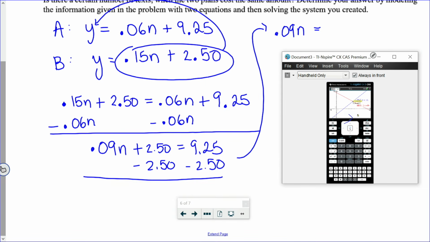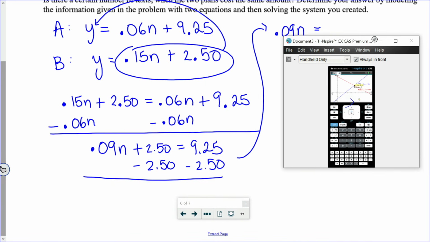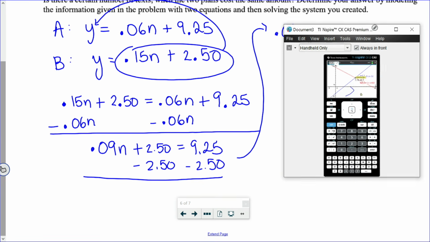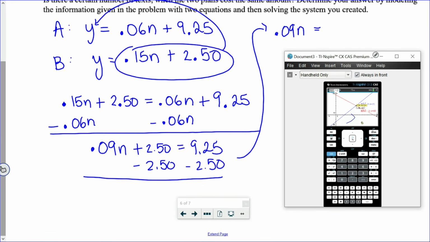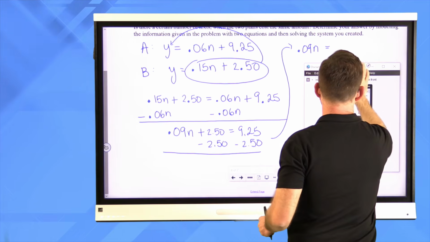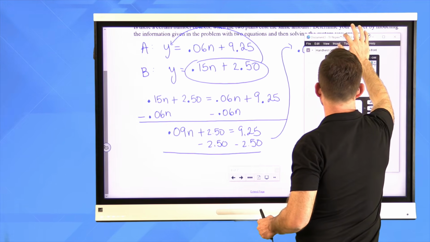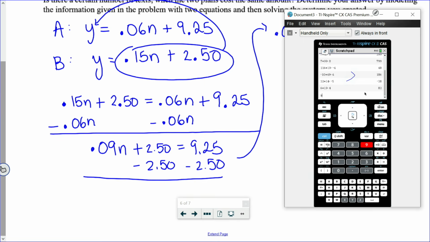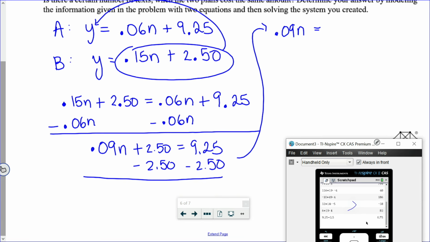Now I'm going to go, ooh, my calculator got tiny. There, it's getting a little bigger. Okay, I'm going to go over to my actual screen here. Wow, that is just horrible. There we go, that's a little bit better. 925 minus 250 gives me 675.